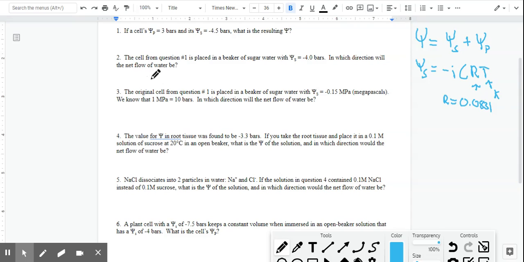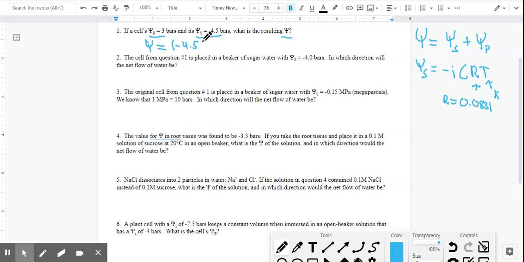Anyway, now we're ready to go once we have our equations and a few of our things identified. Question number 1 reads: if a cell happens to have a pressure potential of 3 bars and its solute potential is negative 4.5 bars, what is going to be the total or the water potential? Just like before, we need to use this top equation, so we know that our water potential is going to equal our solute potential, which we said was negative 4.5.